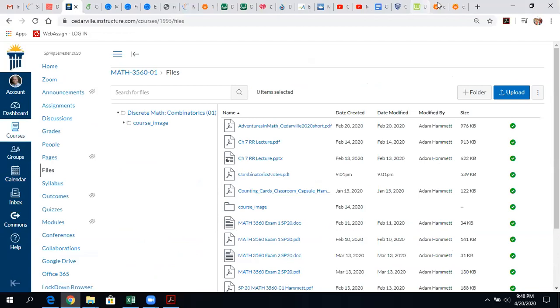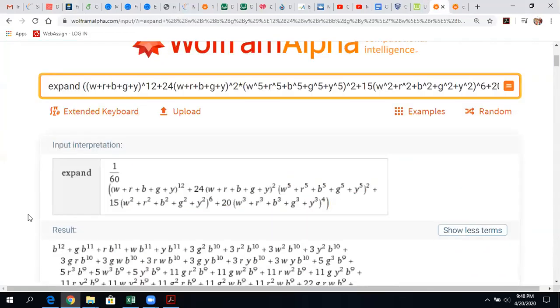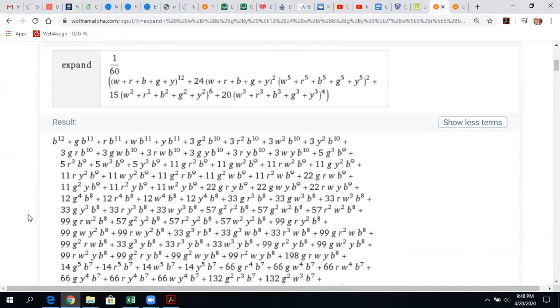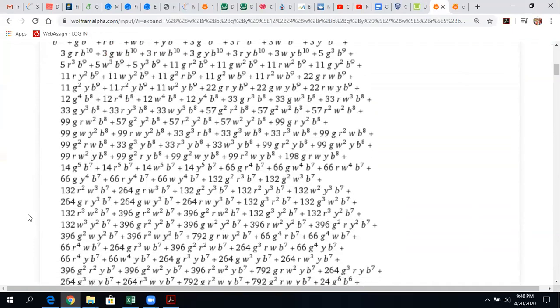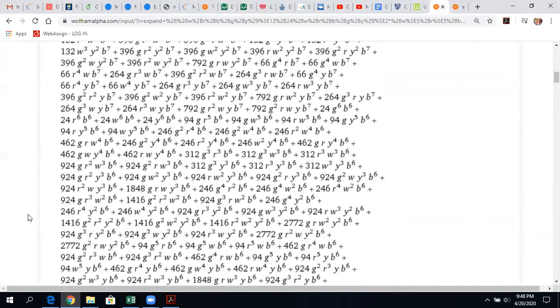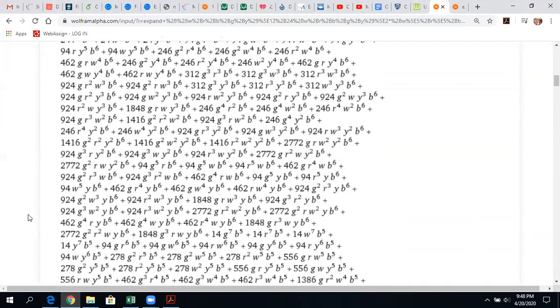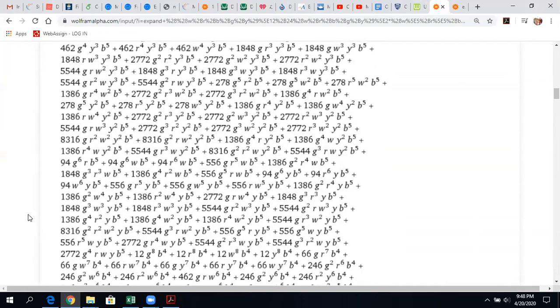It just shows that I was a little bored at some point. I went through and actually expanded this thing totally. Okay, all 1,820 terms are sitting right here. All 1,820 terms are right there.